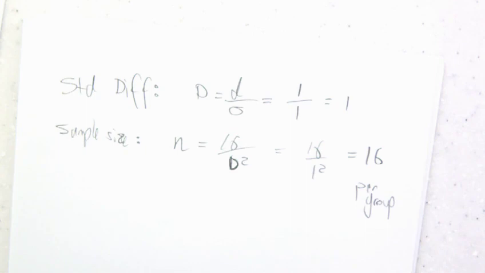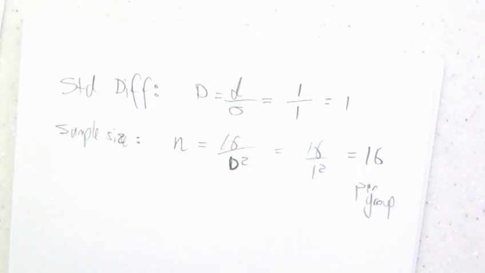And what Lehr did when he created this formula is he said, well, if you were using 5% significance, and if you were using 80% power, you'd get these numbers in that formula. And when I figure out the top line of my calculation, it comes to 16, basically. Or at least, I don't know, 15.98 something. And so he rounded it off to make it easy for us. So that's where the 16 came from.